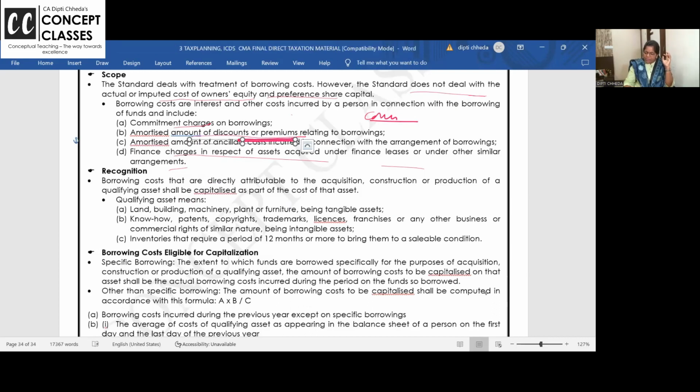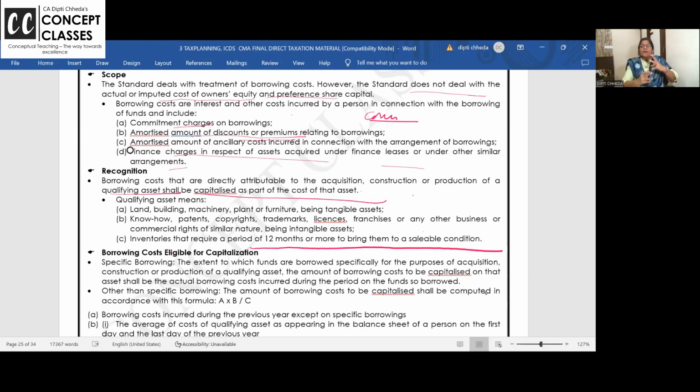Borrowing costs that are attributable to the acquisition, construction or production of a qualifying asset shall be capitalized in the books. What is a qualifying asset? Land, building, plant and machinery, or technical know-how, patent, intangible asset, or inventory which takes more than 12 months to come into saleable condition.